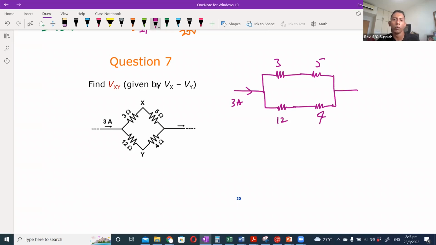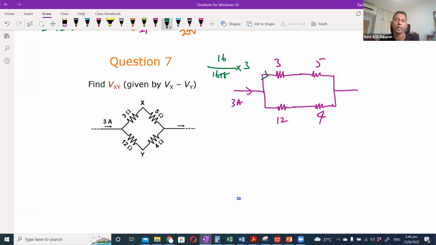So we know that 3 ampere is coming in, and by the current divider rule, if I want to find the current through this branch, it is the opposite resistance, which is 16, over the total resistance. That means 16 plus 8, multiplied by 3. That's the current divider rule.